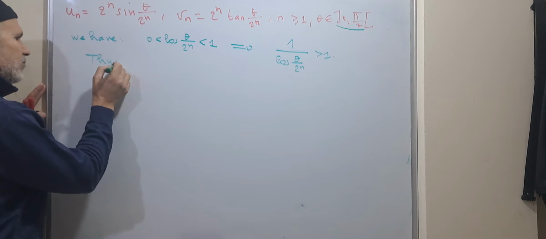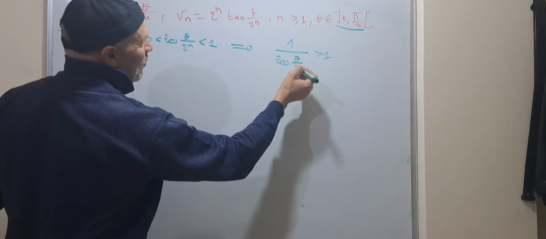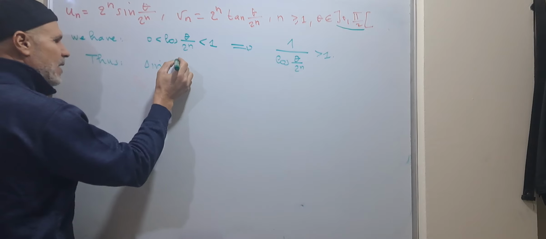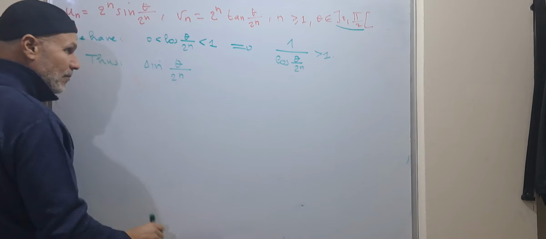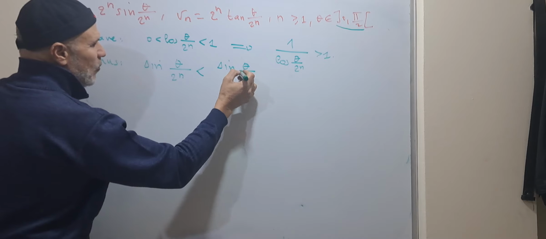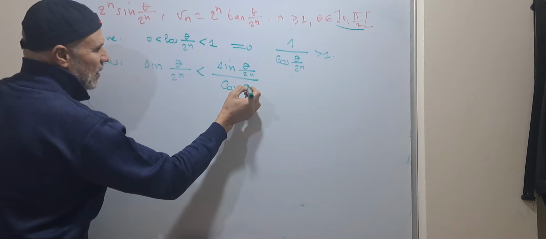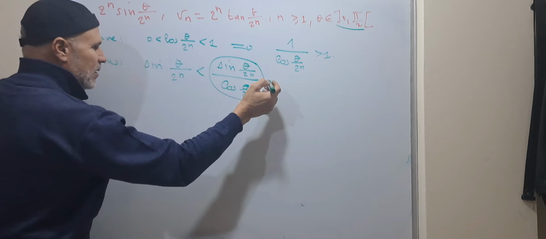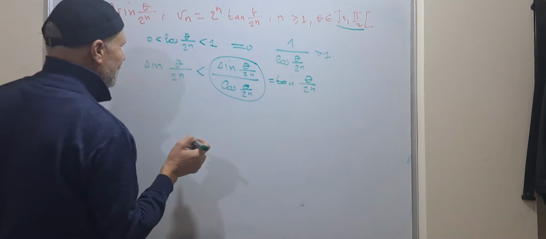Thus, since 1 is less than 1 over cosine theta over 2 power n, this gives us that sine theta over 2 power n is less than sine theta over 2 power n divided by cosine theta over 2 power n. This is tangent theta over 2 power n.